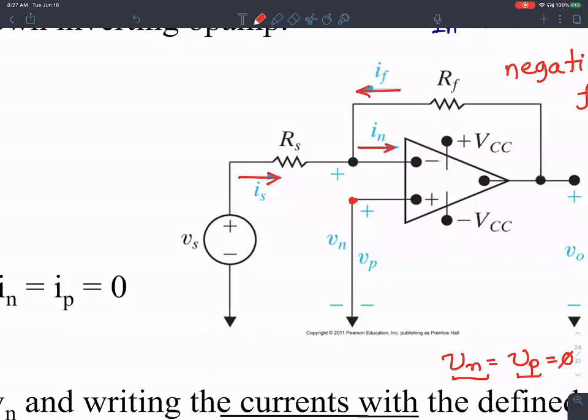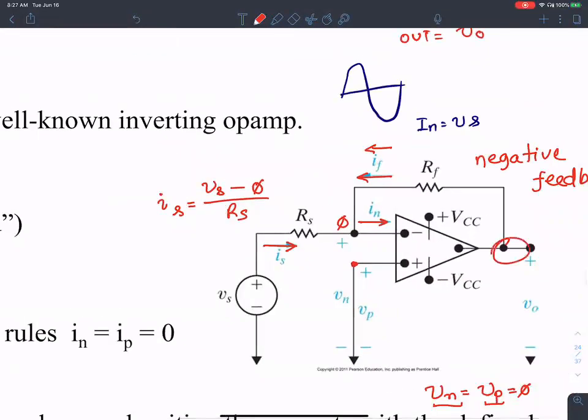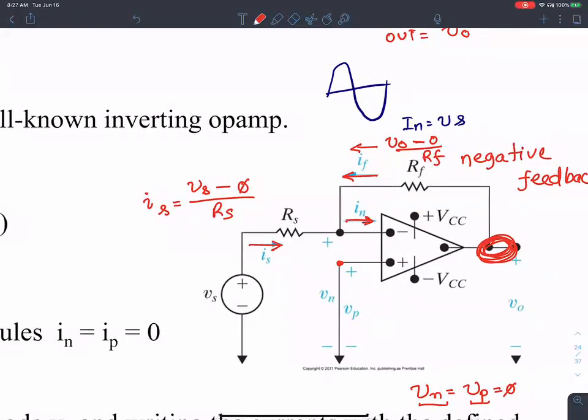What's the value of IS? Vs minus this potential 0, divided by Rs. That's the value of IS. What's the value of IF? IF is this potential V0 minus this potential, which is 0, over Rf. And what's this current IN? That's 0.